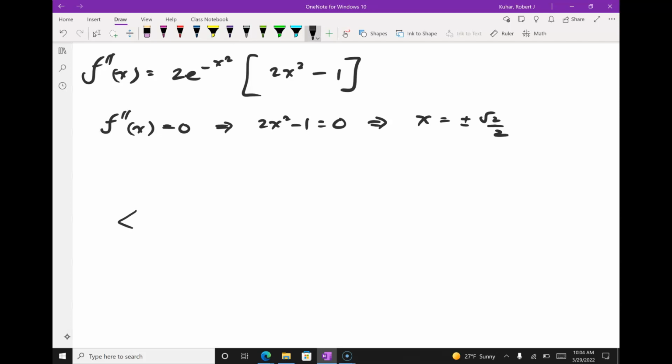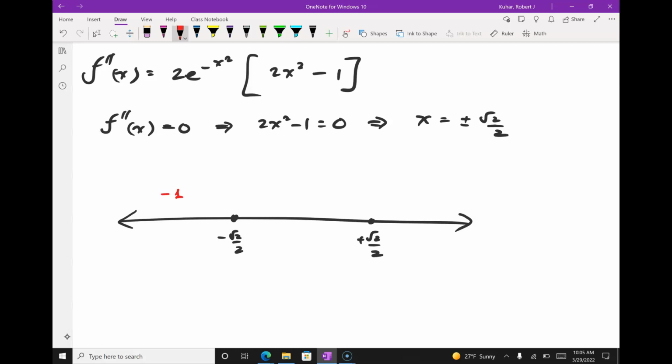So the number line is coming from my two critical values, minus rad 2 over 2 and plus rad 2 over 2. And I want to come up with test values, right? So square root of 1/2 is easy to find a number smaller than it, right? Can you think of a number smaller than the square root of 1/2? -1.